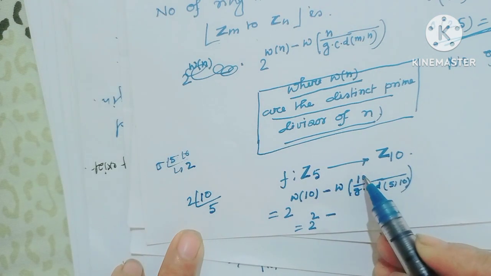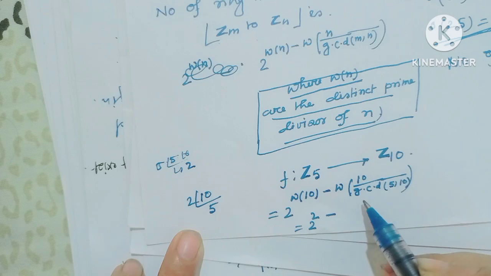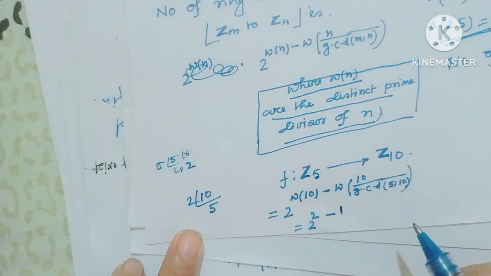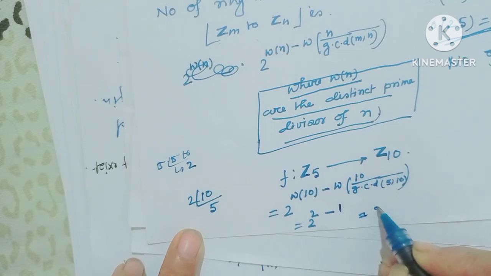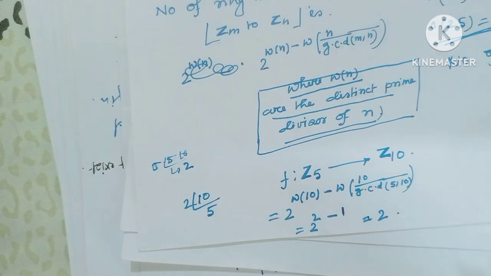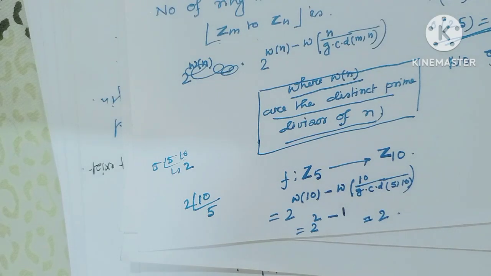Here omega of 10 divided by GCD of 5, 10, which is 5, gives 1. So this value would be 2. There exist 2 ring homomorphisms from Z5 to Z10.